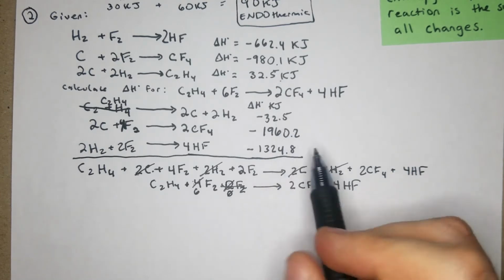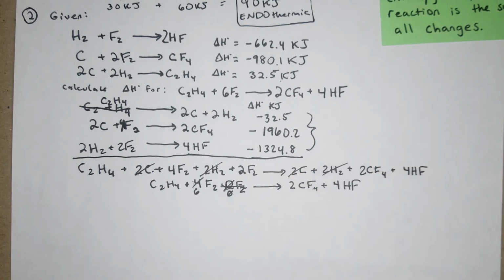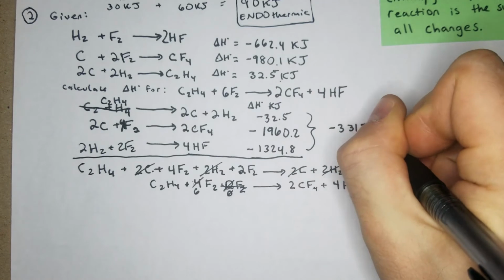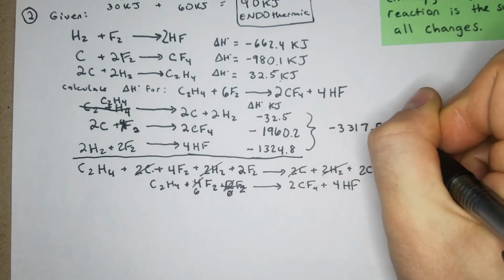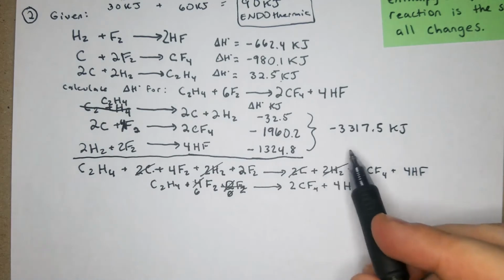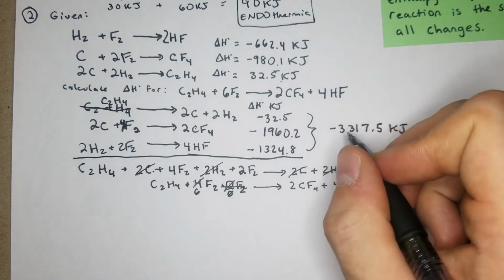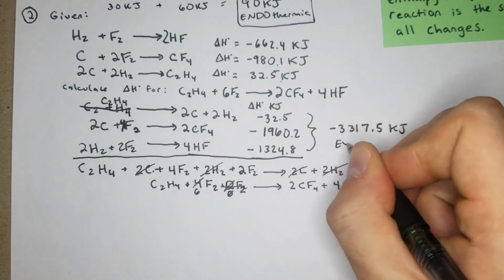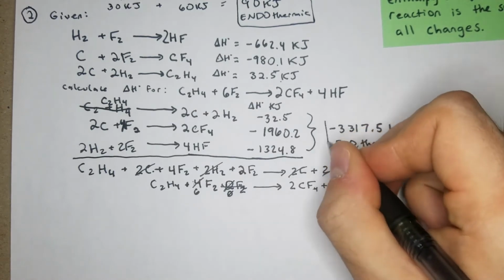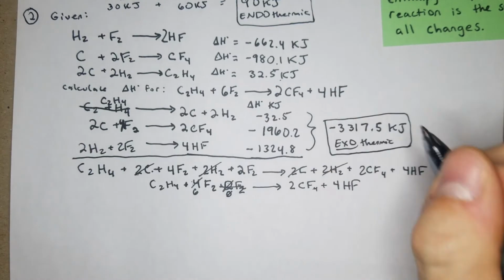We're just summing these three, and those are going to equal negative 3317.5 kilojoules. That's our final answer, and we can also add that that is going to be exothermic, just in case they ask.